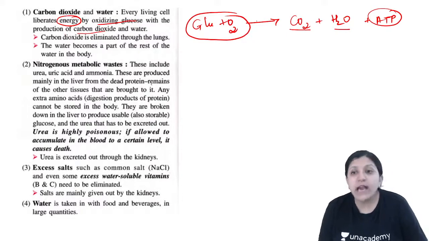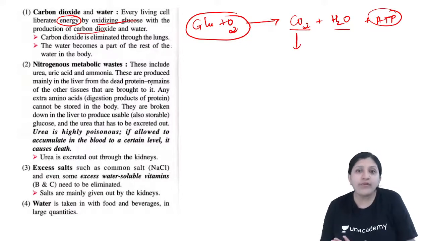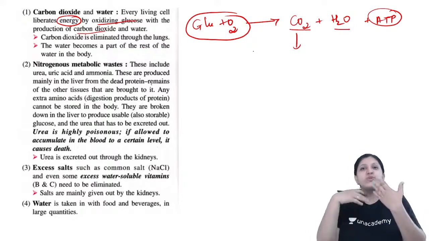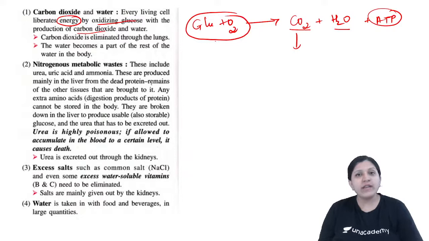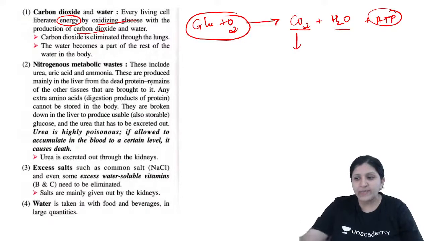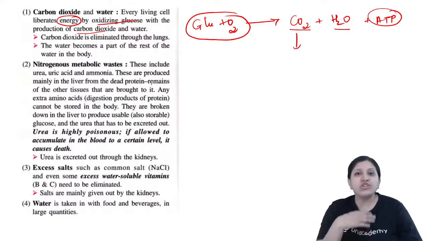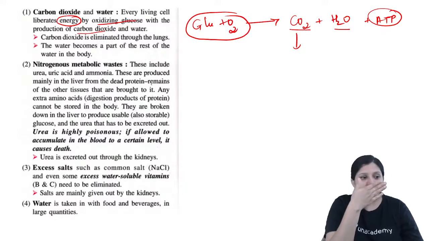Now this carbon dioxide needs to be eliminated. How? Through the blood again. Hemoglobin combines with the carbon dioxide, and through the lungs the diffusion of this gas occurs, and we exhale it. Hold your hand to your mouth and you can feel the moisture.